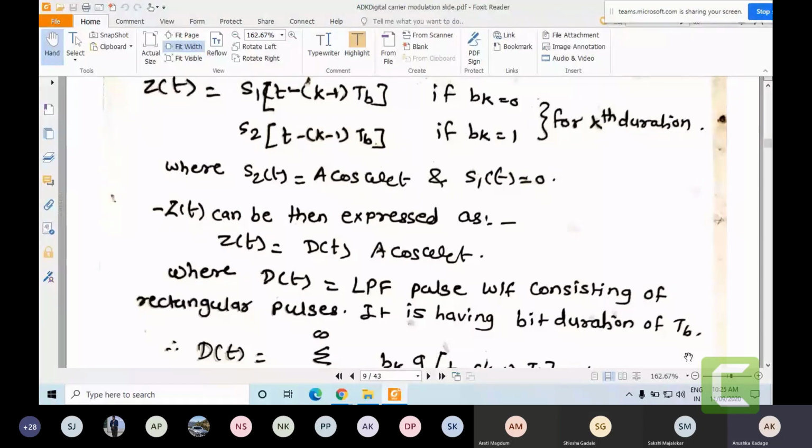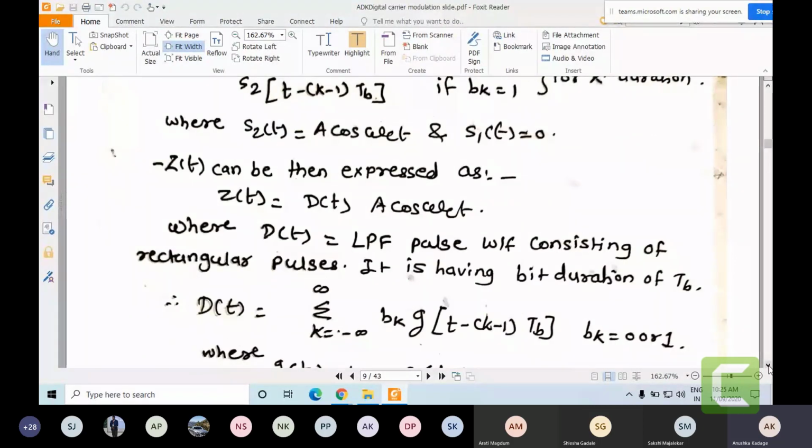And for the discrete pulses, mathematically to represent that d(t) signal, instead of integration we will use the summation operation, because it is a discretized nature of the signal. And the instances which are indicated by k will be varying from minus infinity to plus infinity.